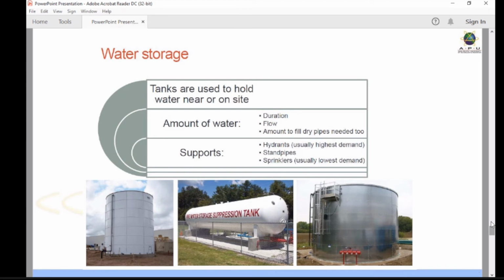Hydrants are like the sprayers, okay, and then standpipes, sprinklers. Okay, the tank should support these hydrants and standpipes and sprinkler systems.